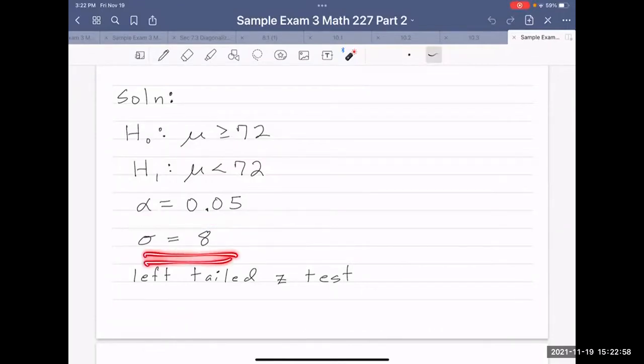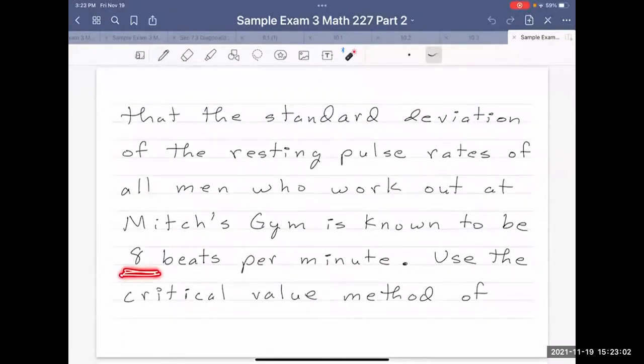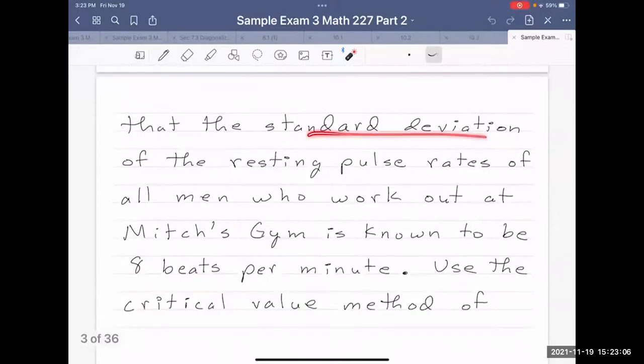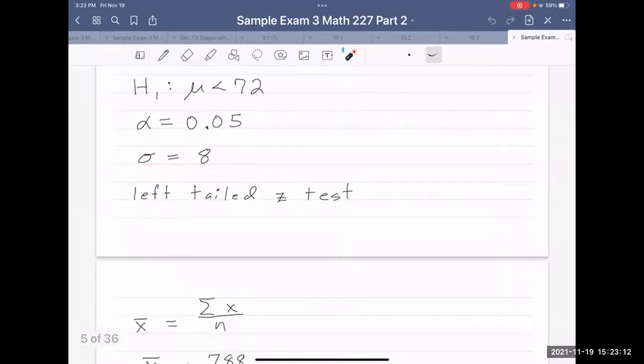We're given that the population standard deviation is 8. So this is going to be a left-tailed z-test, because we know the population variance.